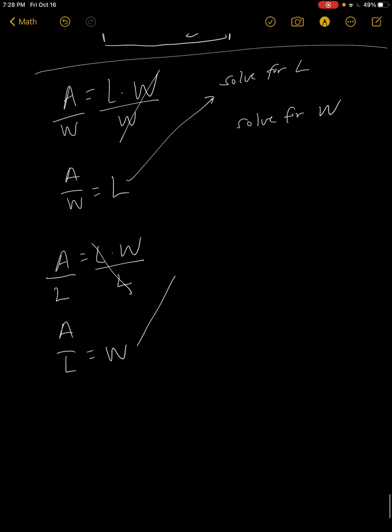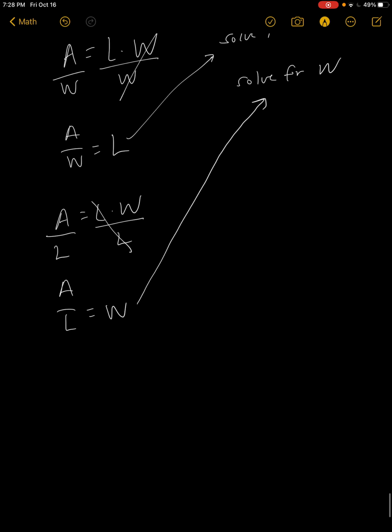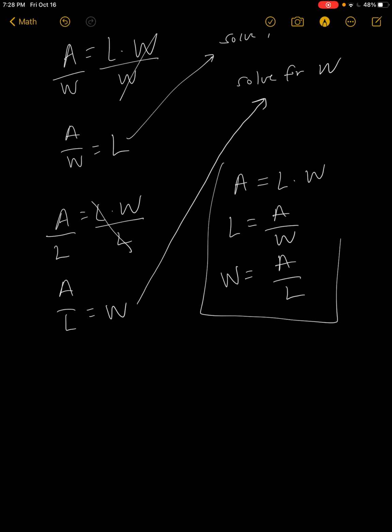A over L equals W. So I solved for W. I've written the area equation 3 different ways. Area equals length times width. Length equals area divided by width. Width equals area divided by length. This is the same equation written 3 ways, where I solve for each corresponding variable.